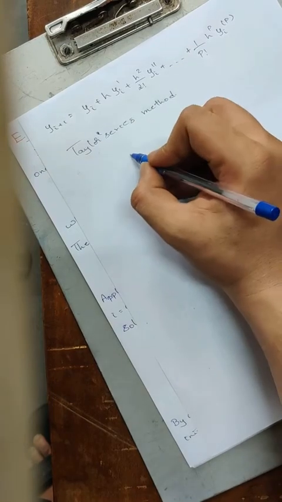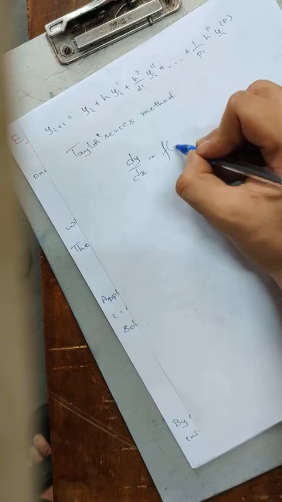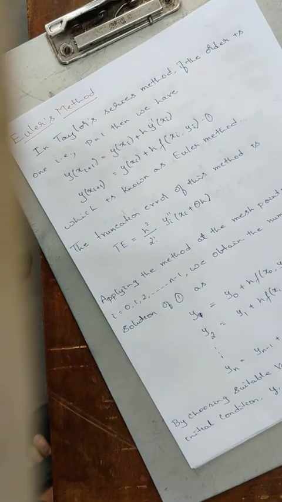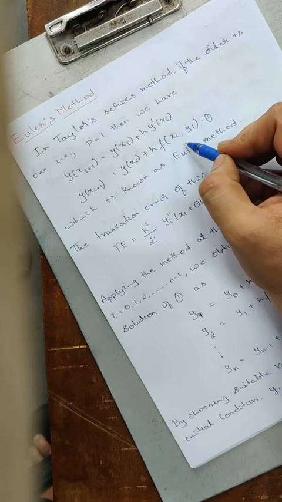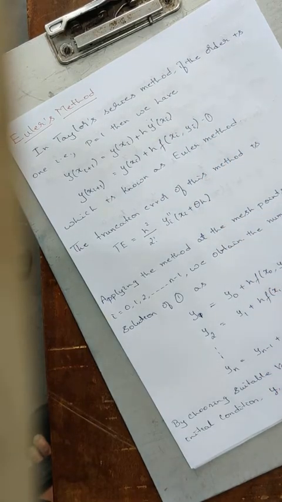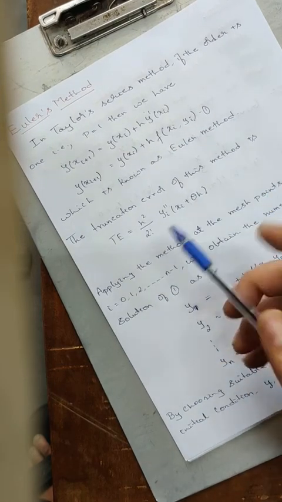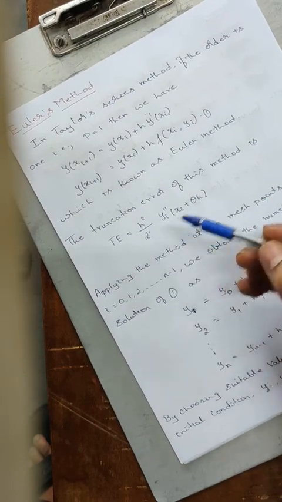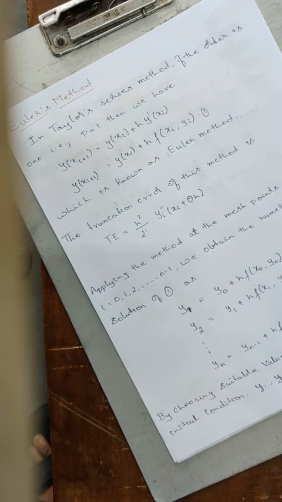Since it's an initial value first order problem, dy by dx will be f of x comma y. So we can replace this y dash of xi by f of xi comma yi. This is known as Euler's method, and the truncation error is given by T is equal to h square by 2 factorial yi double prime of xi plus theta h.